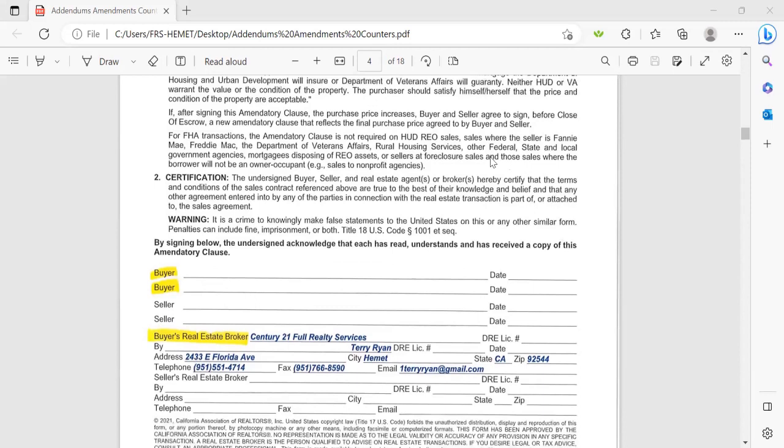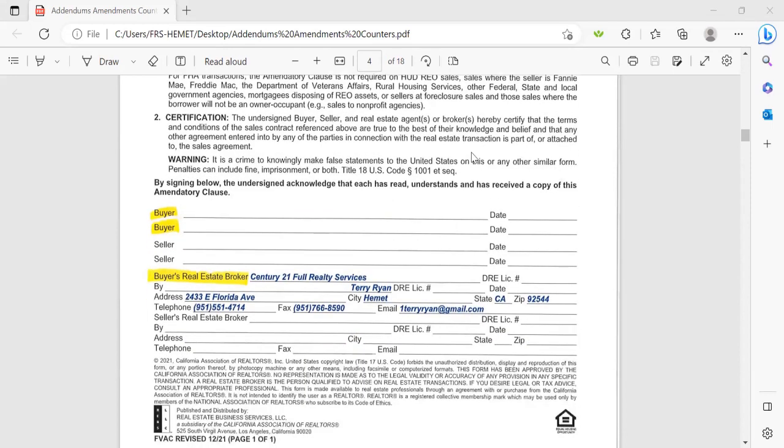But the other thing is that basically it tells you that everybody agrees that there's nothing going on in this contract or in this agreement that is not in writing.